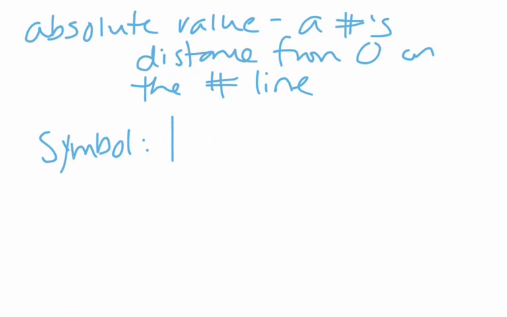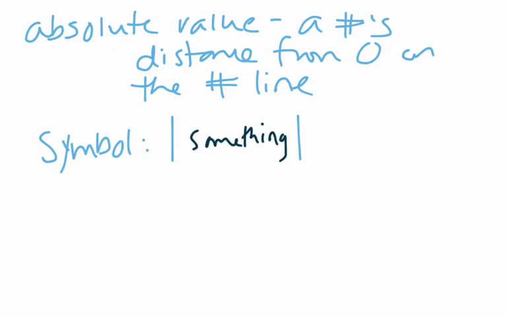You want to make sure that when you're using absolute value symbols that they don't look like ones. Sometimes if you're a little bit careless with how you write them, they can end up looking like ones.